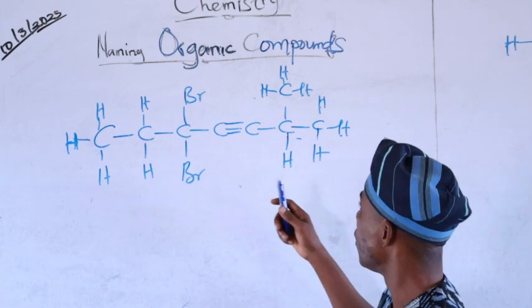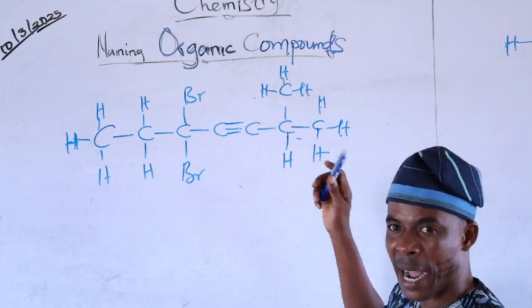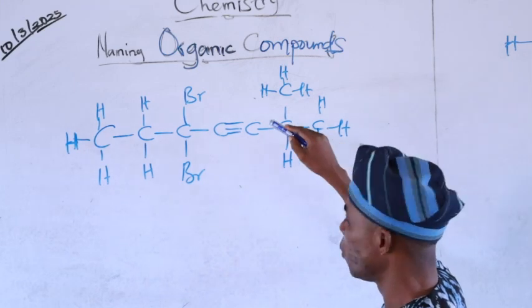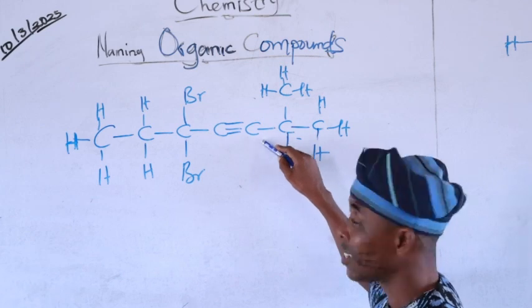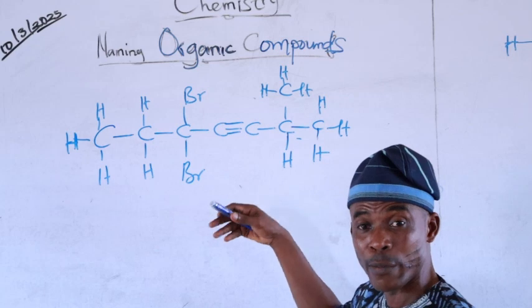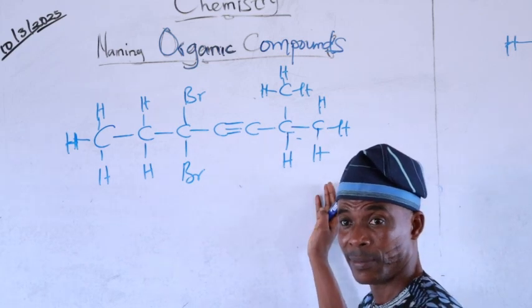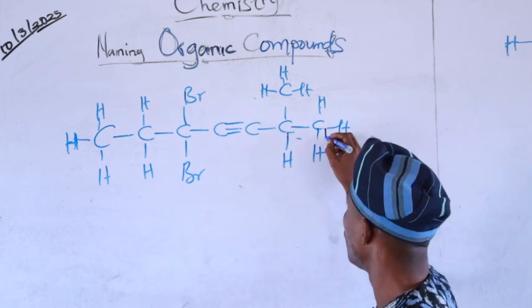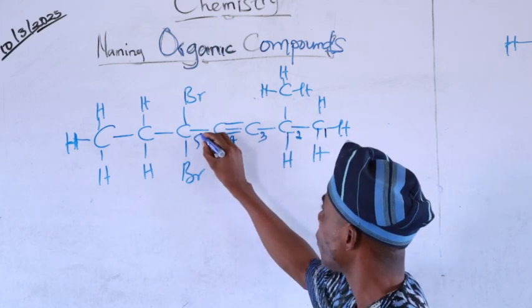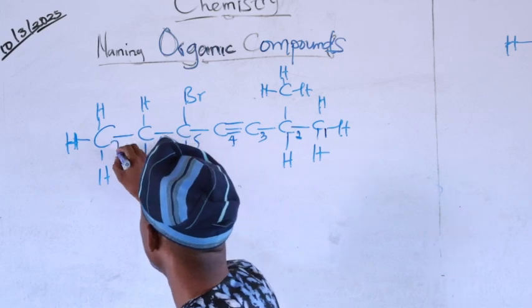If you count from the right, the functional group is on carbon 3. That means it is compulsory for us to start the counting from the right. So we have 1, 2, 3, 4, 5, 6, 7.